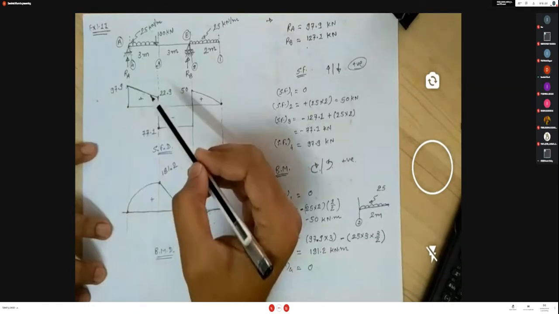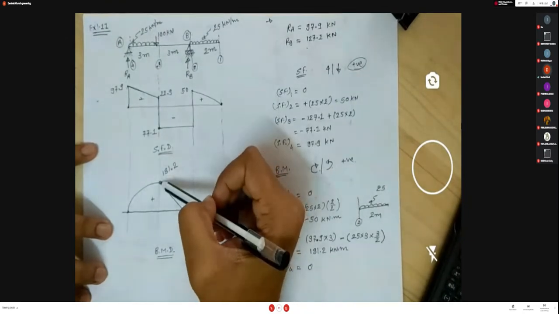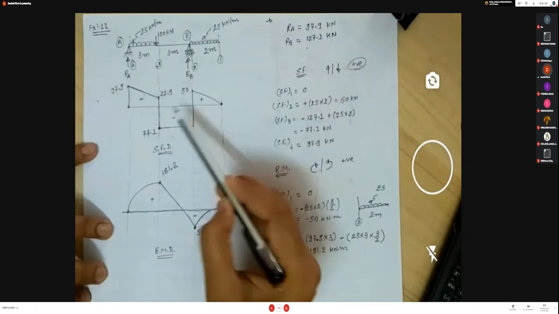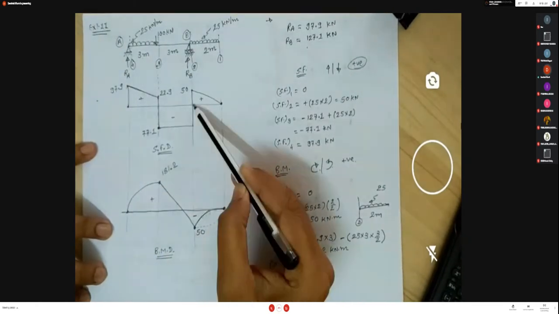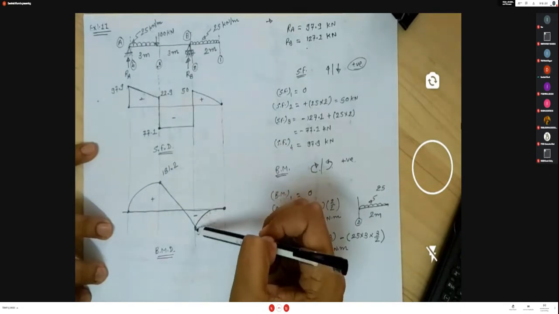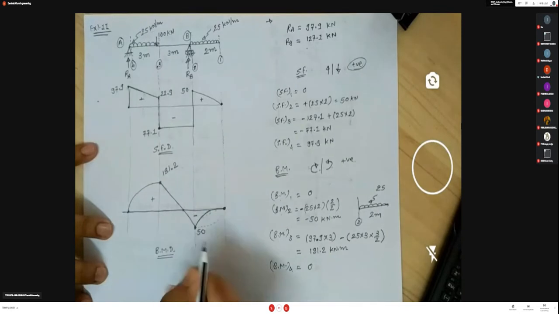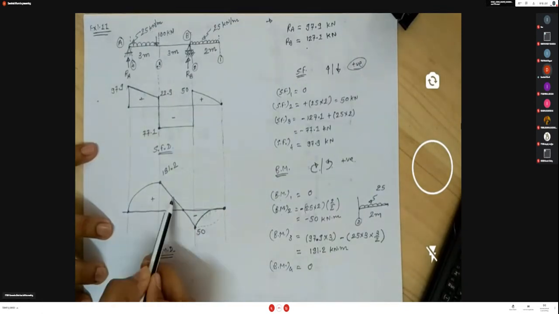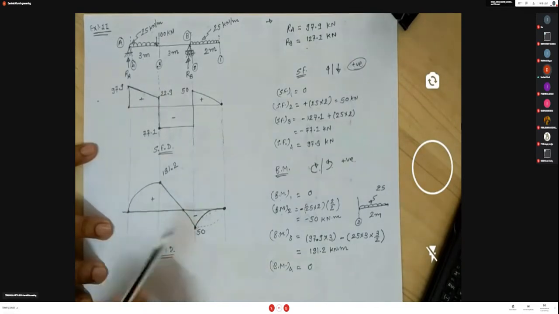Now you can see that here shear force value is 0. So at that point bending moment value is maximum. Here also 0 and here also 0. So at this point it is maximum positive and at this point maximum negative. Now this point is where our bending moment diagram moves from negative to positive, or you can also say it moves from positive to negative.